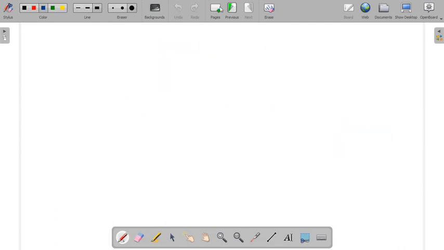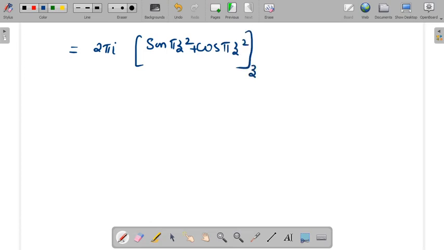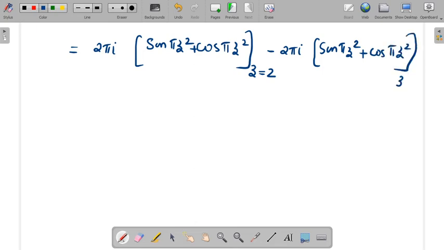So we can write this integral as 2πi times (sin πz² + cos πz²) evaluated at z = 2, minus 2πi times (sin πz² + cos πz²) evaluated at z = 1.